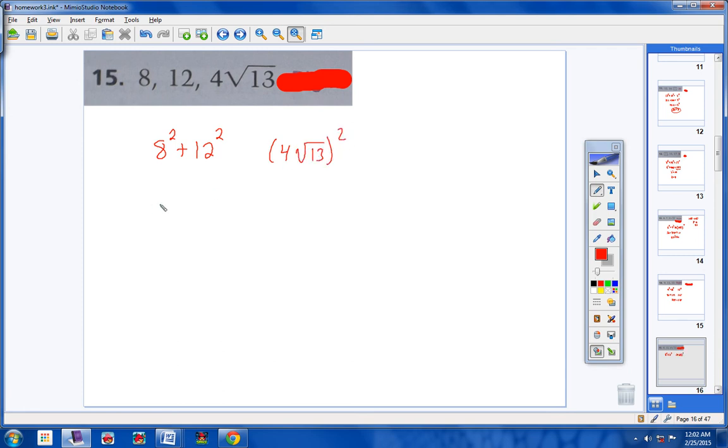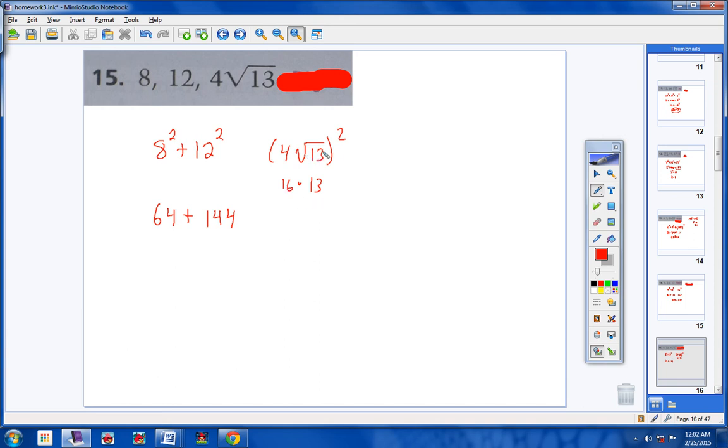Well, when you square 8, you get 64. When you square 12, you get 144. Okay? Now when you square this, you square the 4, that gives you 16. And when you square a square root, you get the number on the inside, and then you multiply those together. Okay? Look at that again. You square the 4 at 16, and then you square the square root of 13.